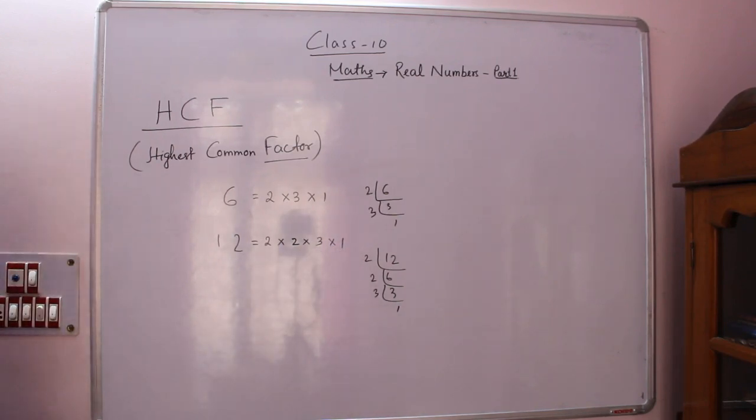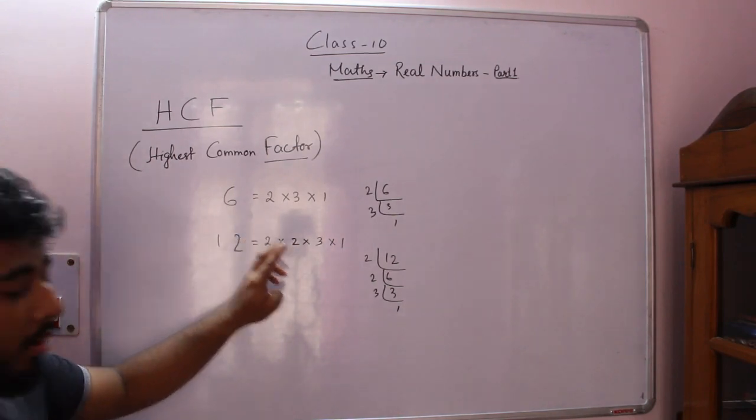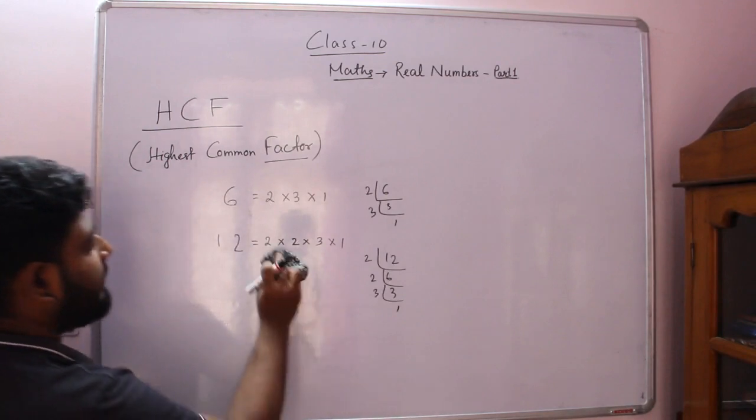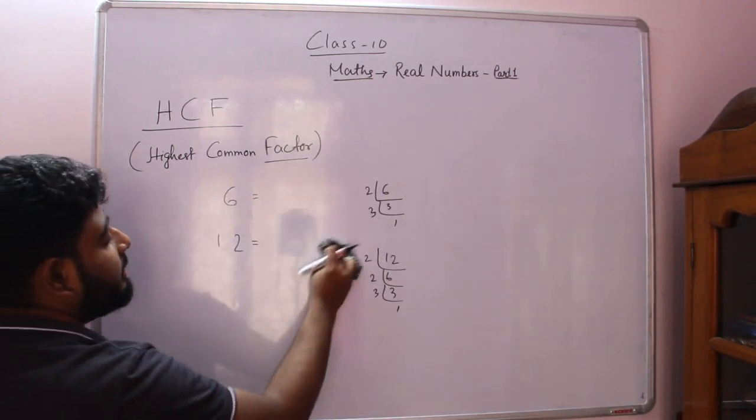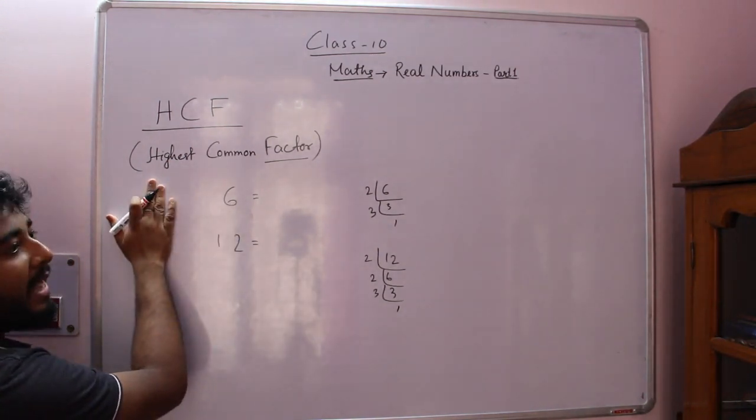Okay. Now see, these are not the only factors, right? Another method I am telling you is that these are the factors, fine, but the highest common factor has to be the highest.